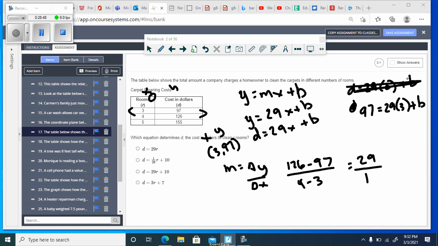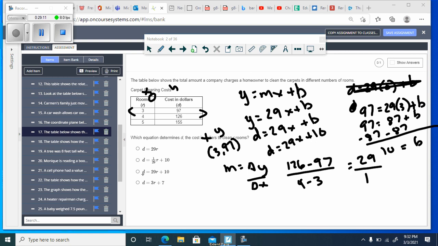Use your calculator. That would be 87. 97 is equal to 87 plus b. Subtract 87 from each side. B would be 10. Okay, so your equation is D is equal to 29x plus 10.